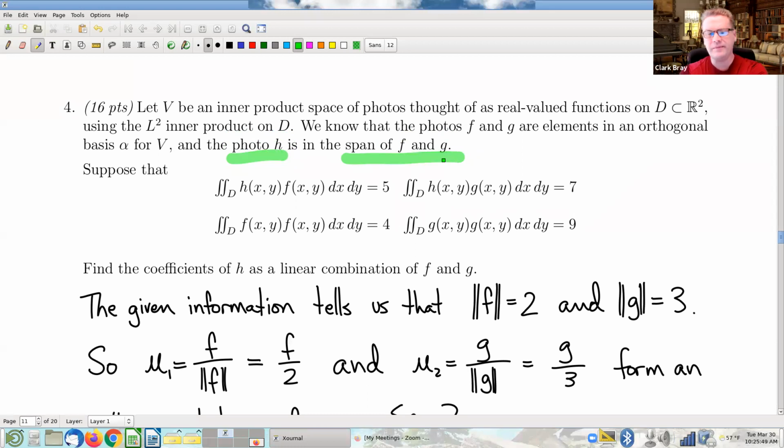Now, in reality, it's going to be more complicated than that. What are the odds that a photograph that I take is going to just happen to be a linear combination of exactly 2 of the vectors in my orthogonal basis? Nah, probably not, right? It's probably going to be a combination of many of them. Just because, again, there's a very high dimensional inner product space, and so it's probably going to have coordinates all over the place.